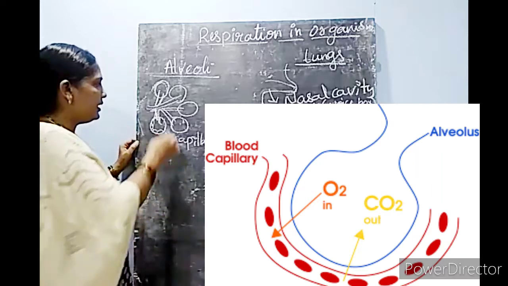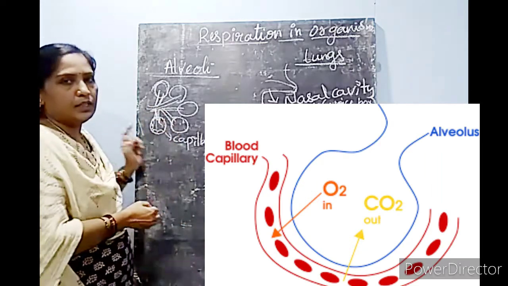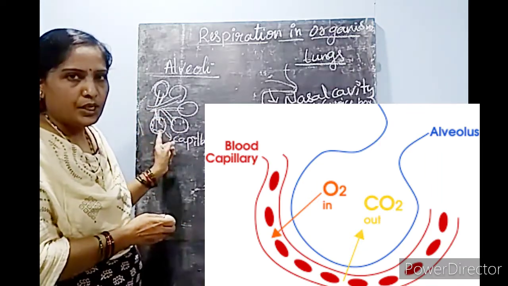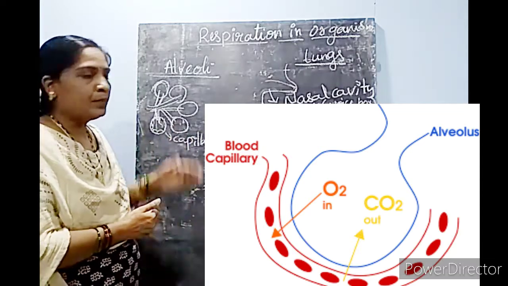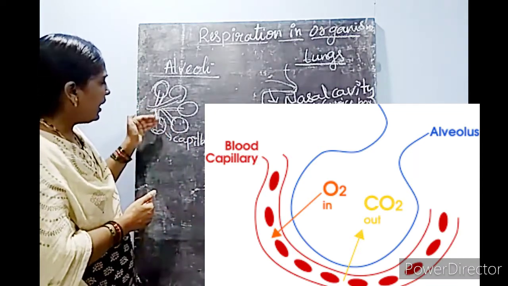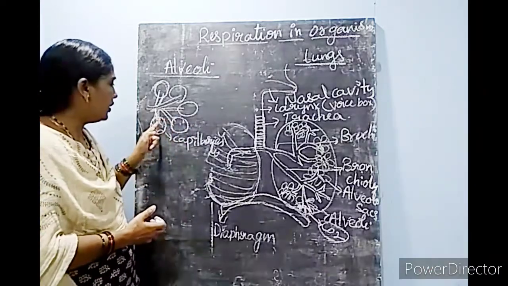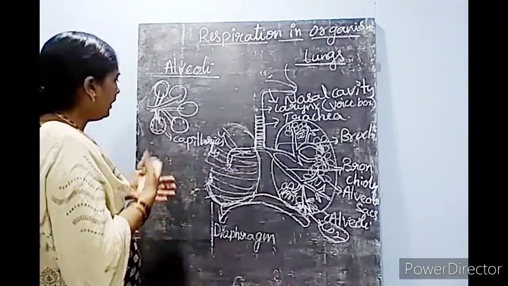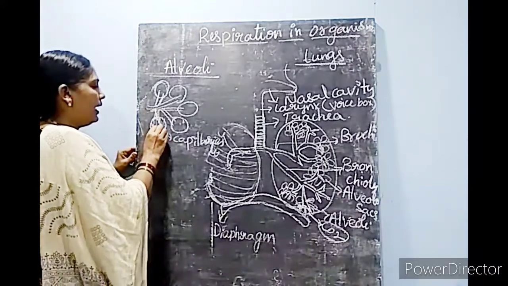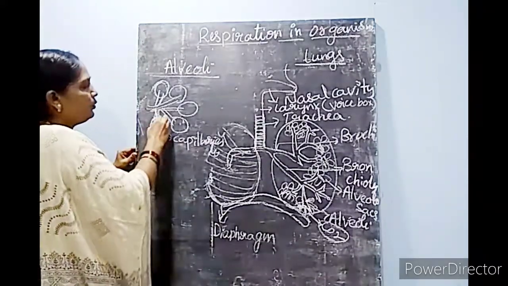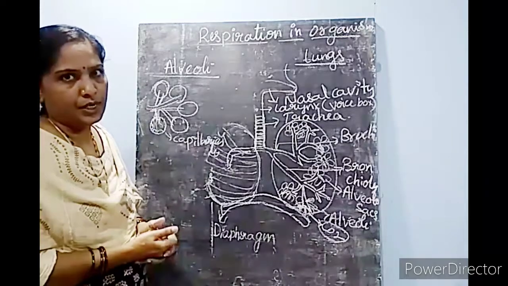These capillaries are supplying the nutrients to each and every alveolus. Through the blood, they receive the oxygen rich air near the alveoli, and it sends that to each and every cell of the body.